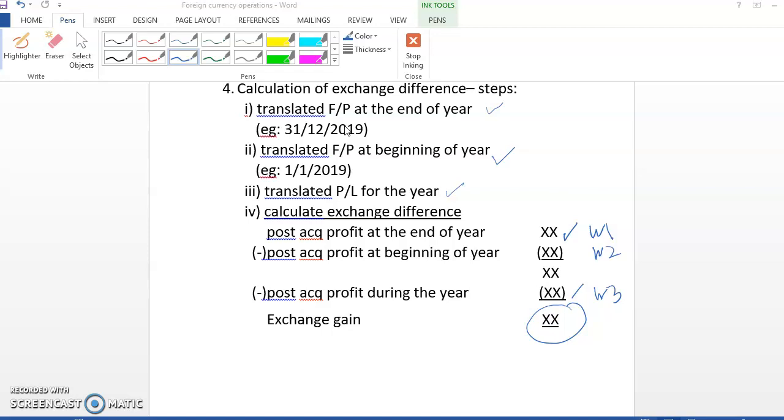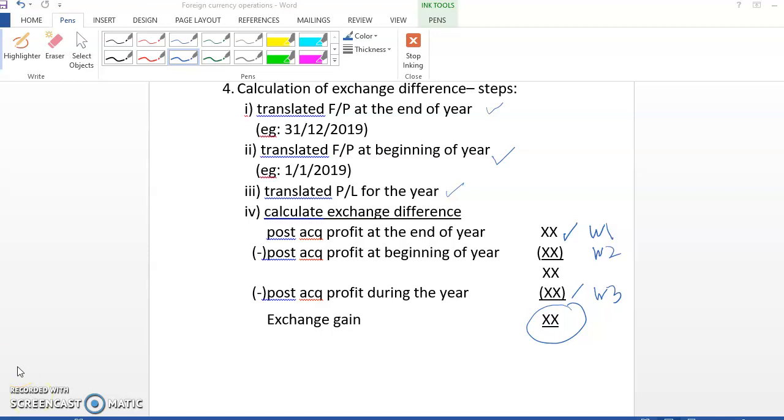In this case, you take the amount 700 and minus 160, so you get 540, your exchange difference. That is for the second method, from functional to presentation currency.